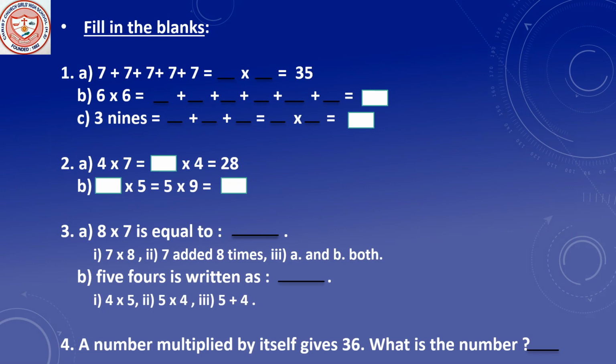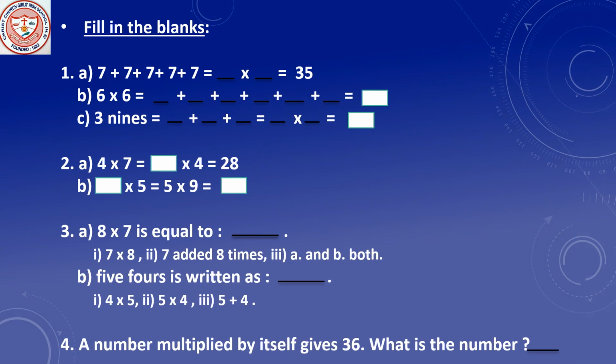Okay. Now, B. 6 into 6 is equal to dash plus dash plus dash plus dash plus dash plus dash is equal to dash. Now you have to write the addition fact here.